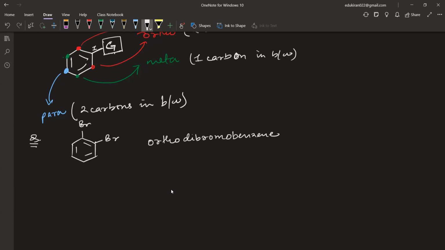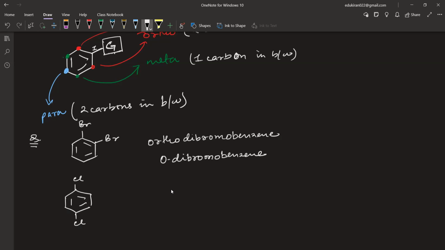Is that clear? Yes or no, please tell me. Also write this as O-dibromobenzene. So what will be this? P-dichlorobenzene.